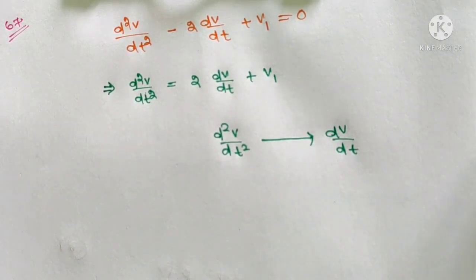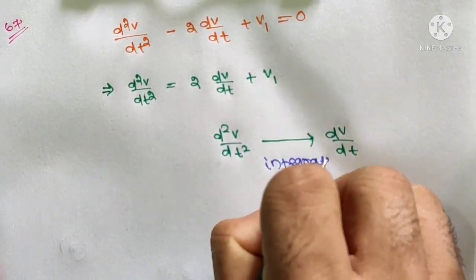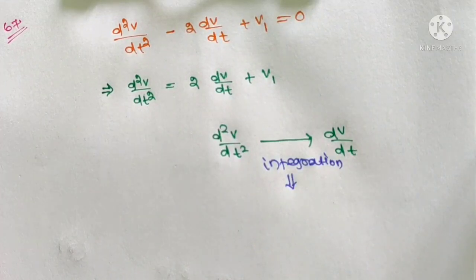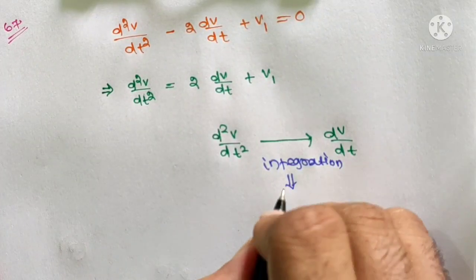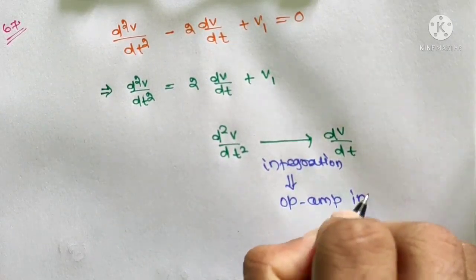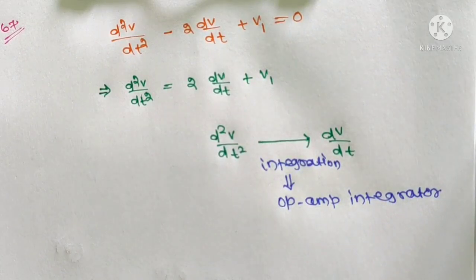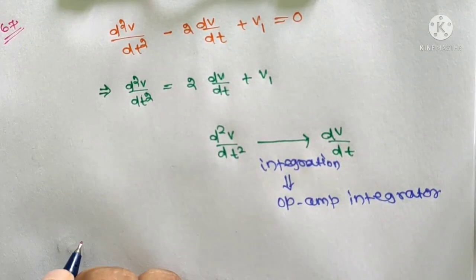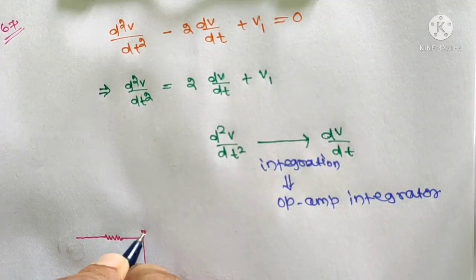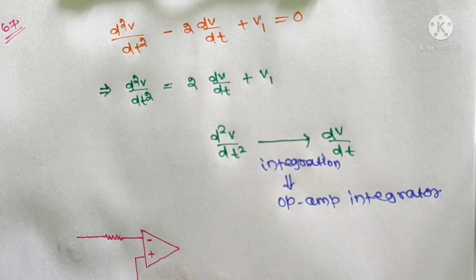वी हैव टू डू द इंटीग्रेशन, सो वी हैव टू यूज 1 op amp इंटीग्रेटर. देखो जैसे कि minus plus, this is grounded.